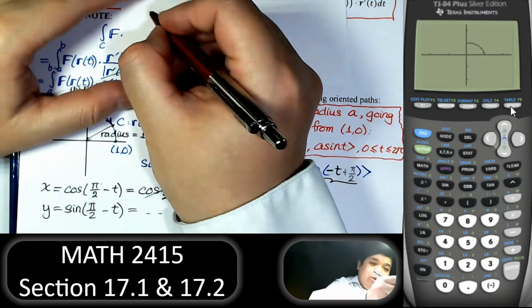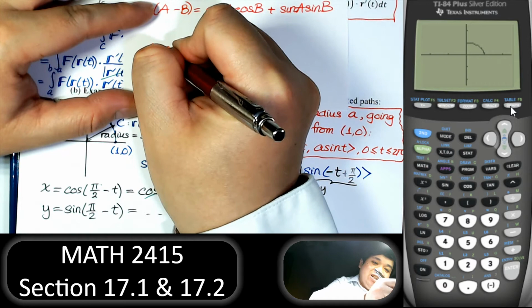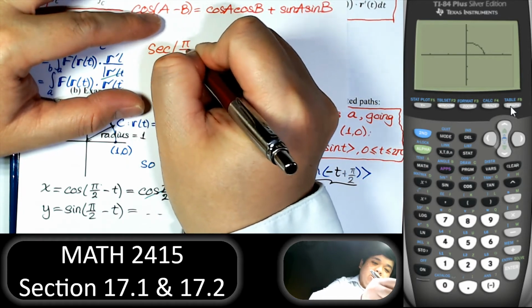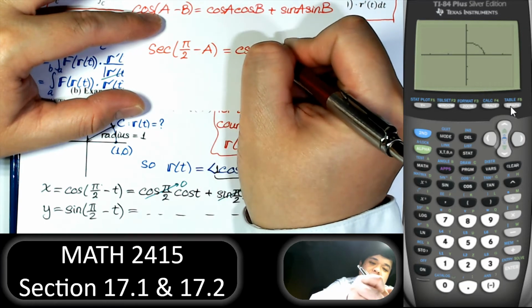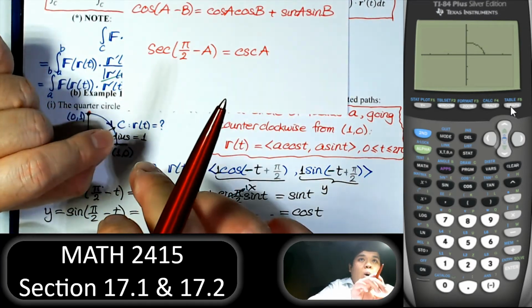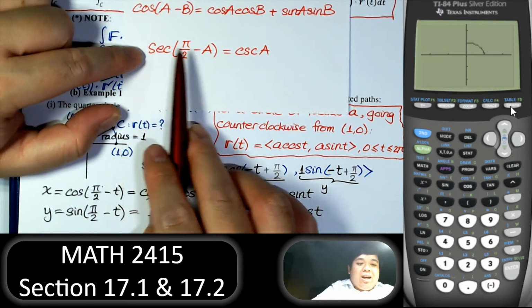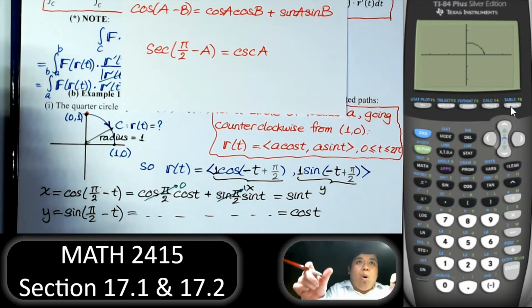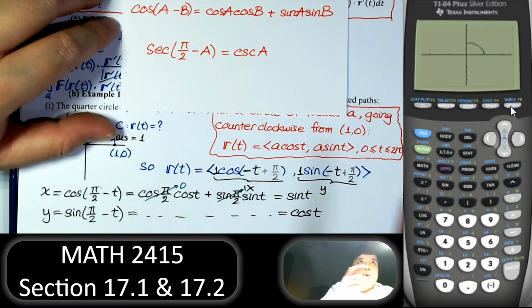In general, secant of pi over 2 minus a is equal to cosecant of a. So those functions are cofunctions: secant and cosecant, tangent and cotangent, sine and cosine.